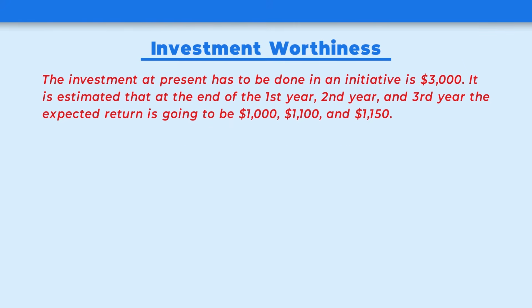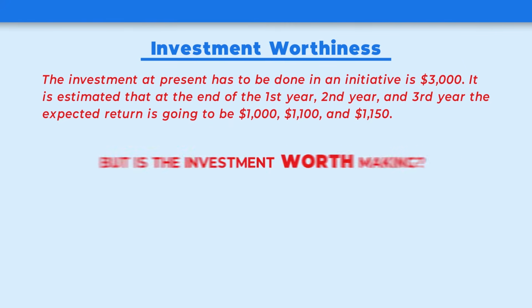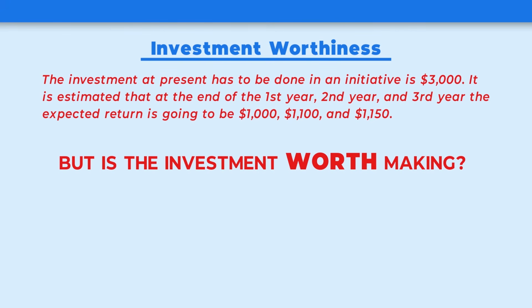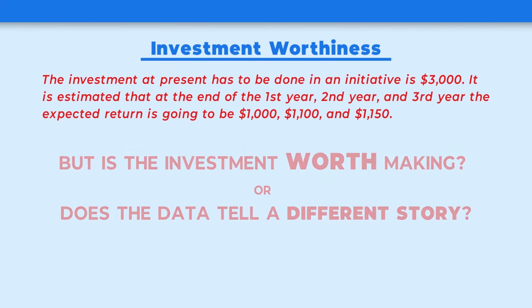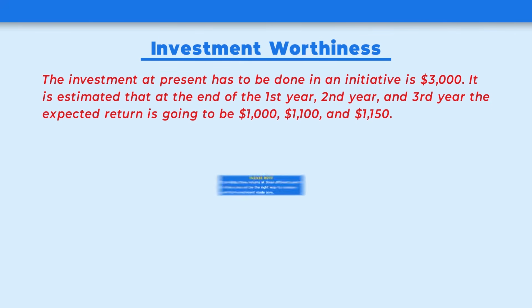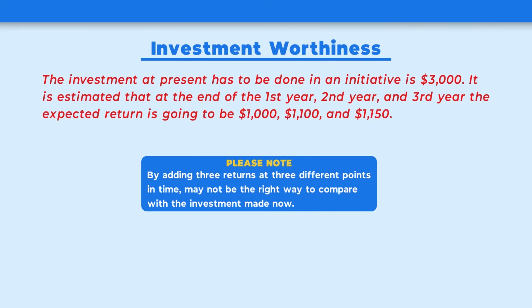Now, does it mean that this investment is worth making, or the data tells a different story? Okay, because just by adding three returns at three different points in time may not be the right way of comparing it with the investment made now.